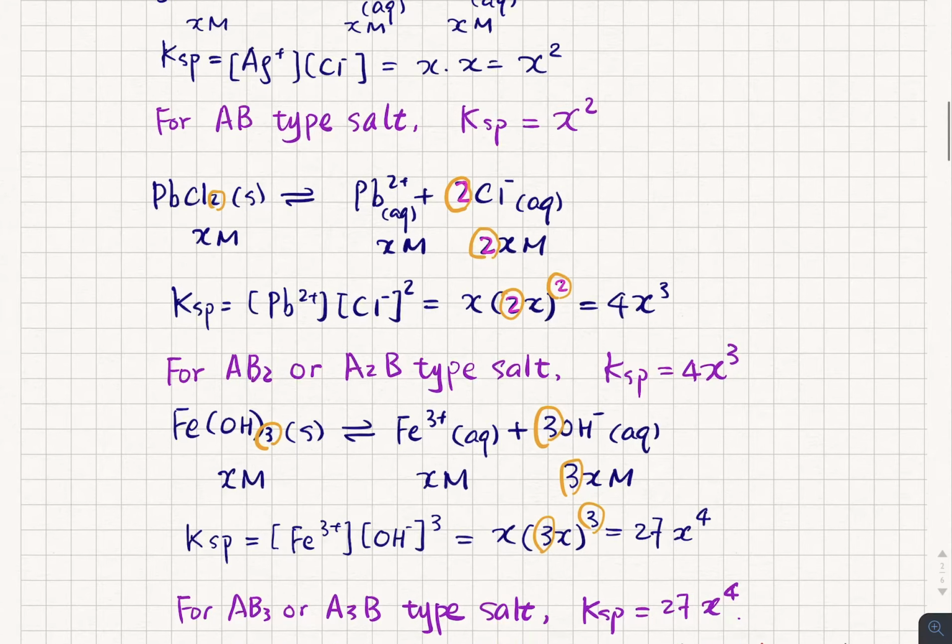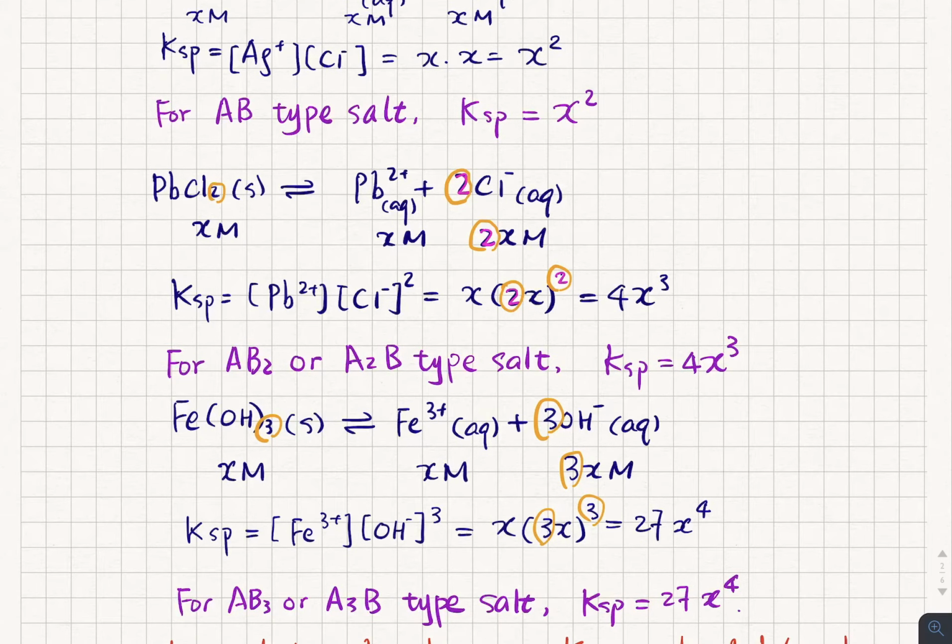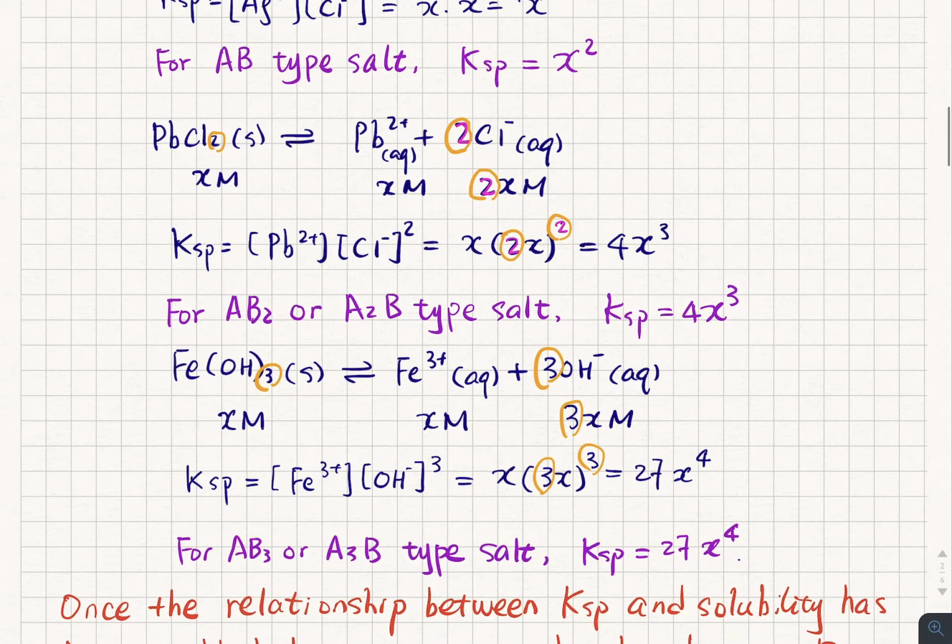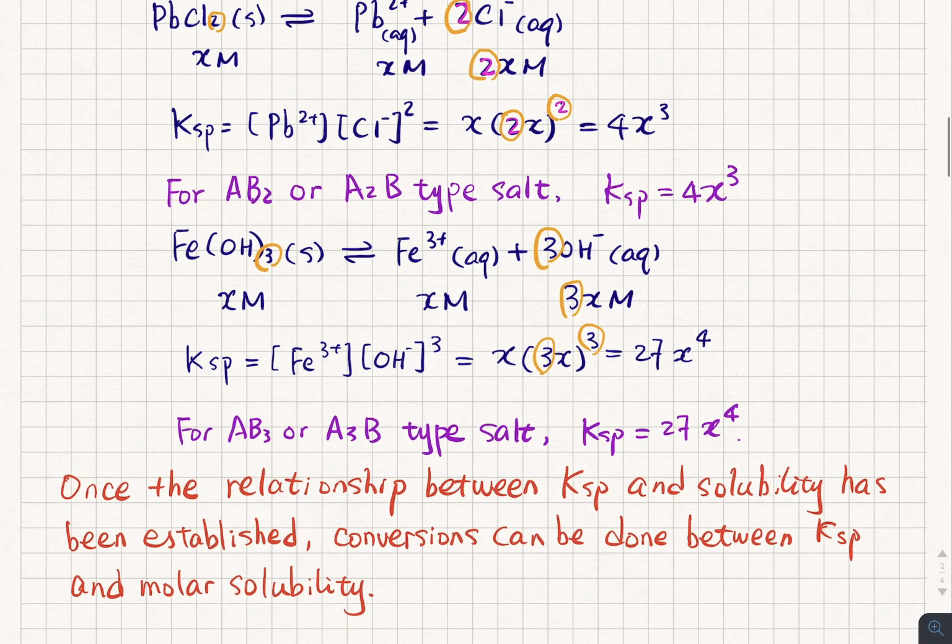So if you have an AB2 or A2B type salt, then the Ksp will be 4 times solubility cubed. Similarly, if you have an AB3 or A3B type salt, the Ksp would be 27 times the solubility to the power of 4.